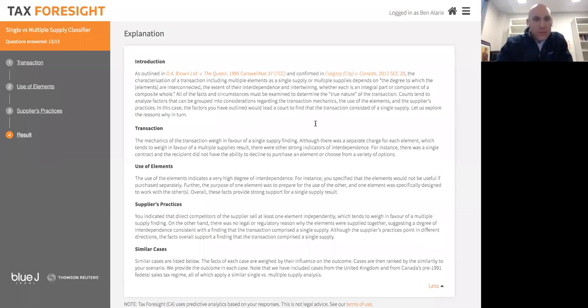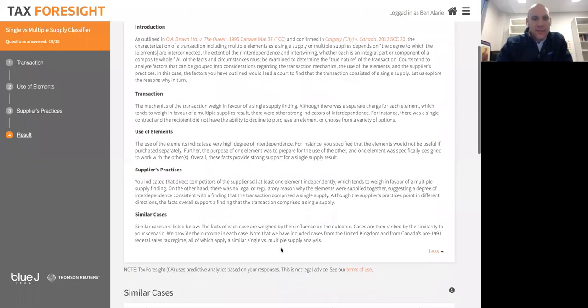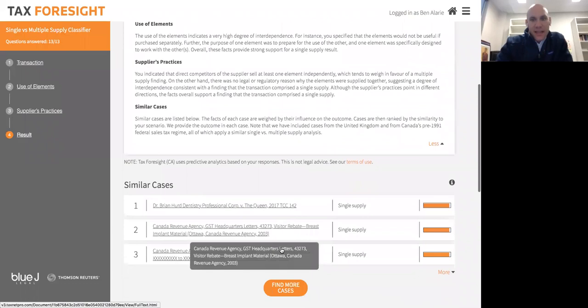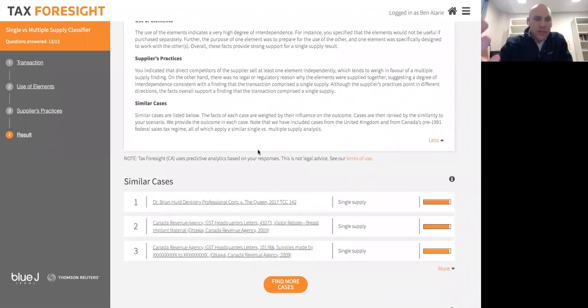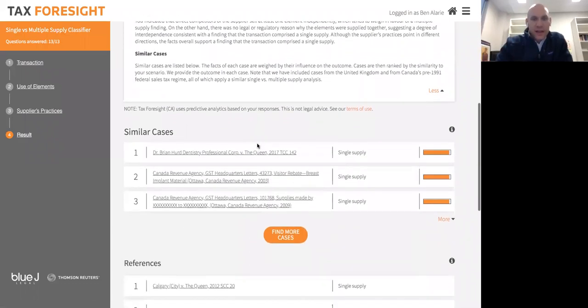So it gives you a little bit of context about the situation here, talks about the specific transaction, the use of the various elements, the supplier's practices, and contextualizes what the prediction is coming out of the algorithm.